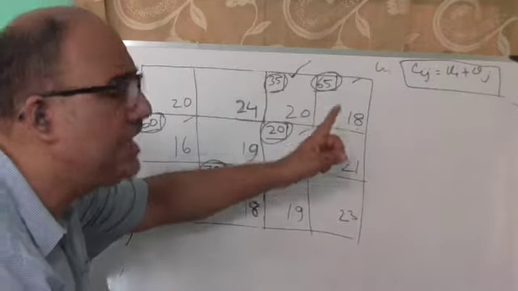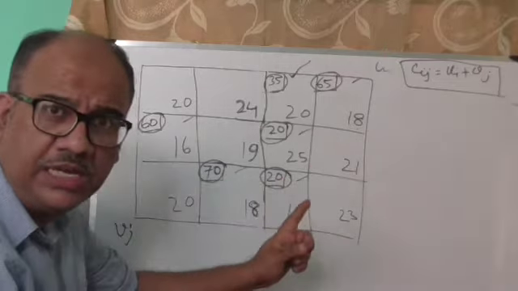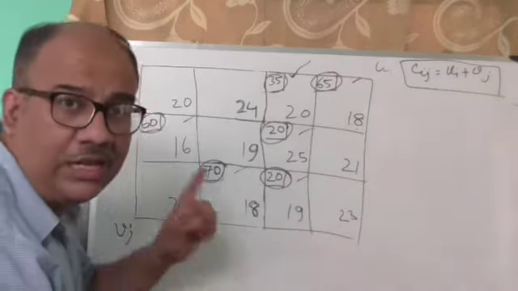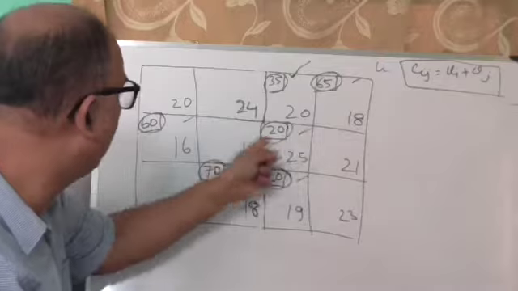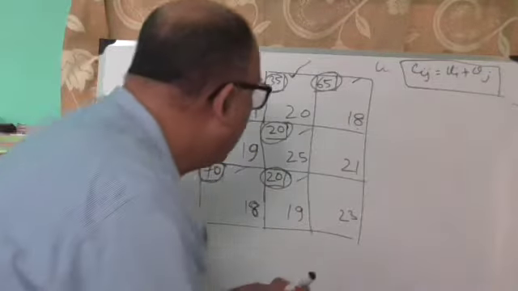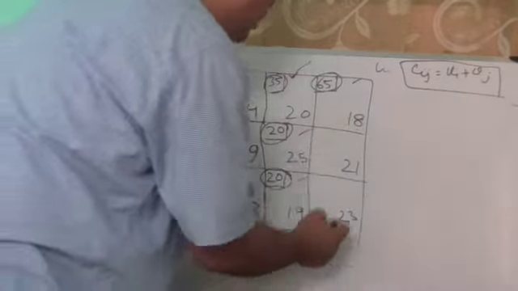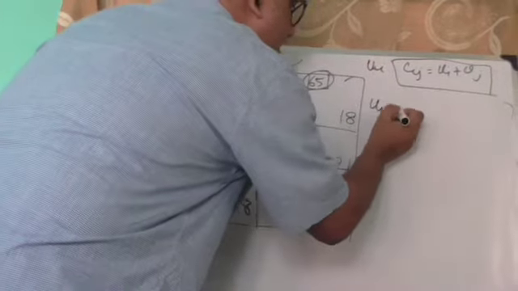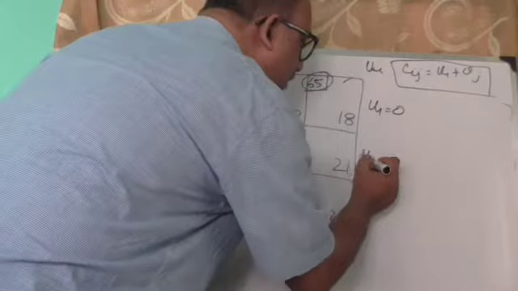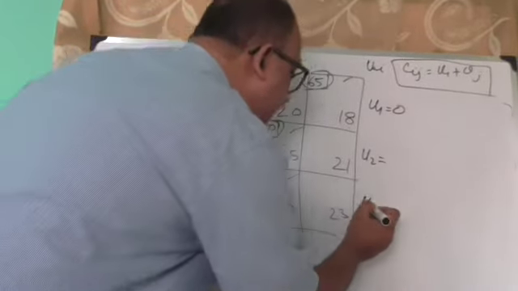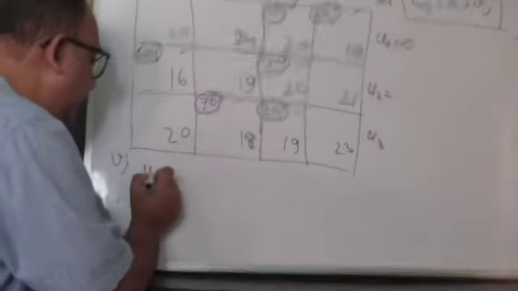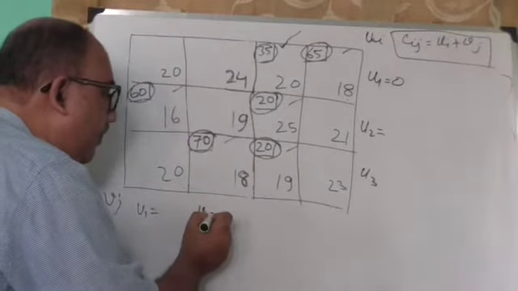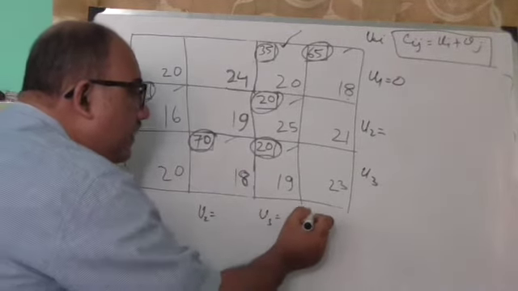Mind that Cij is equal to Ui plus Vj only for the cells which have already been allocated. Last time I took this as 0, now I will choose U1 as 0. Then how to find out U2, U3, then V1, V2, V3 and V4.